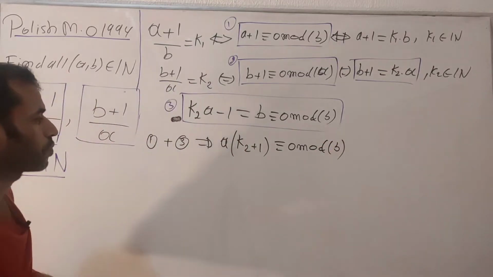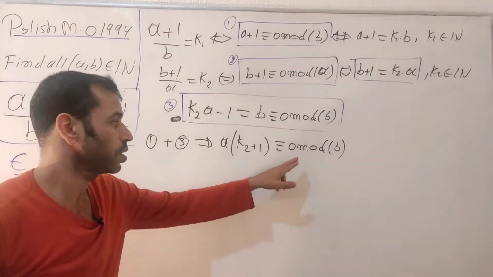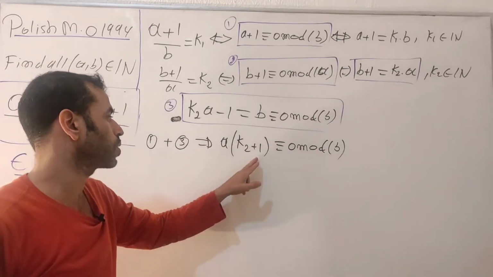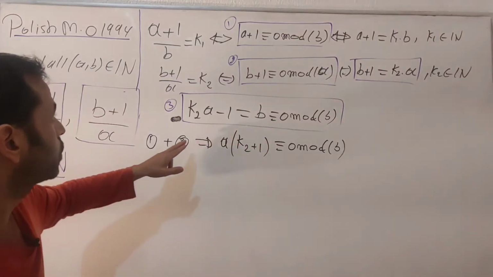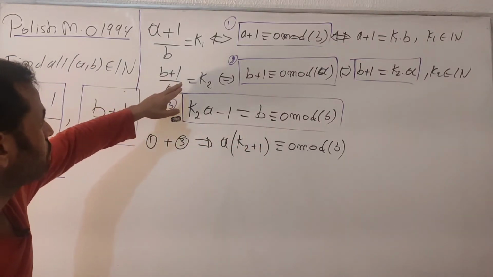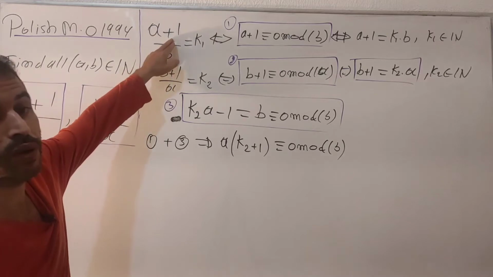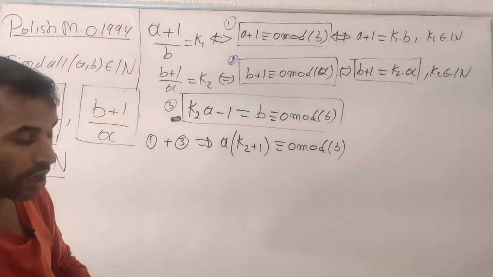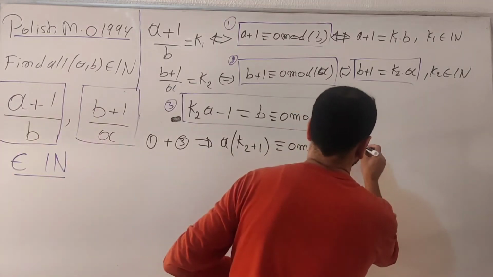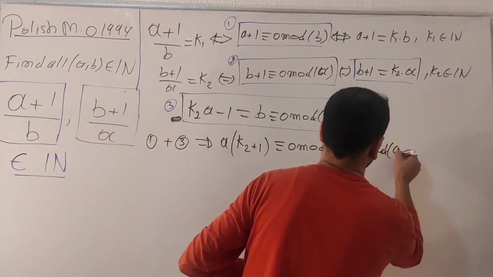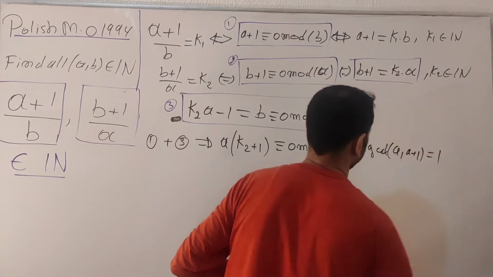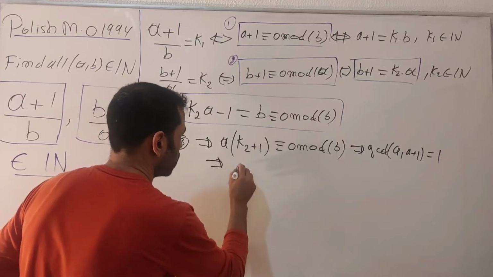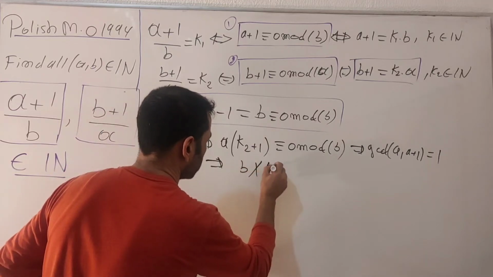It's very simple. So what is this telling us? It's telling us b can divide a, or b can divide k2 plus 1. But remember, b divides a plus 1, which means b cannot divide a, because a plus 1 and a are coprime numbers. Since the GCD of a and a plus 1 equals 1, b does not divide a.